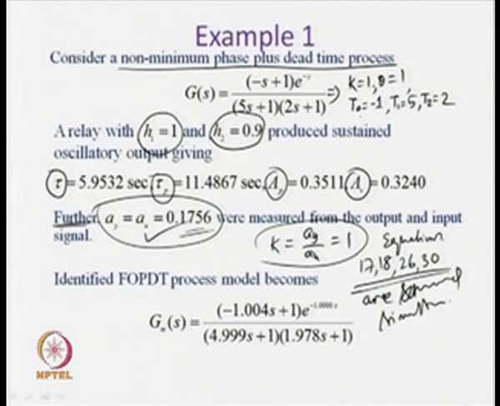T 0 h, in place of 1, has been found as 1.004, which is quite exact. T 1, in place of 5, I have found 4.999, and similarly in place of T 2 equal to 2, the routine has given me 1.978, which is fairly nearly equal to 2.